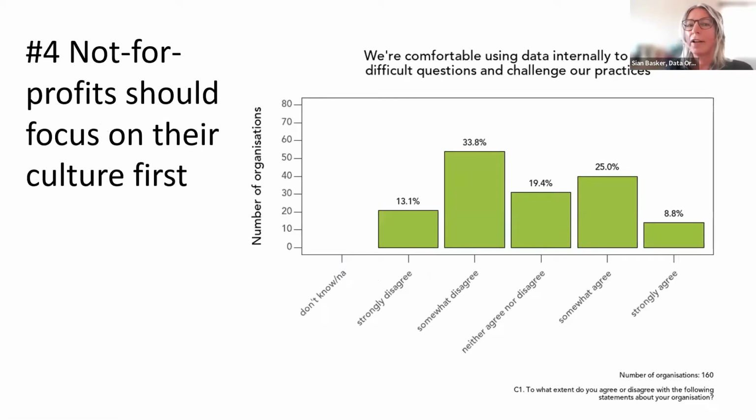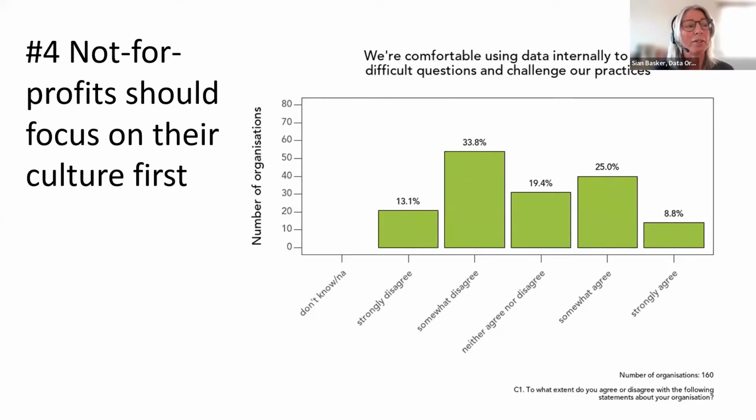The fourth key finding is related to culture. This question, that I'm displaying the responses to, is one of many really interesting results in the culture theme. It was asking how comfortable the organization is with using data to ask difficult questions and challenge our practices.